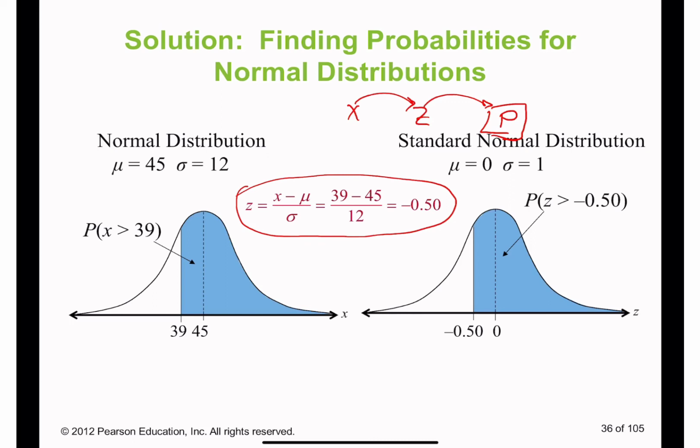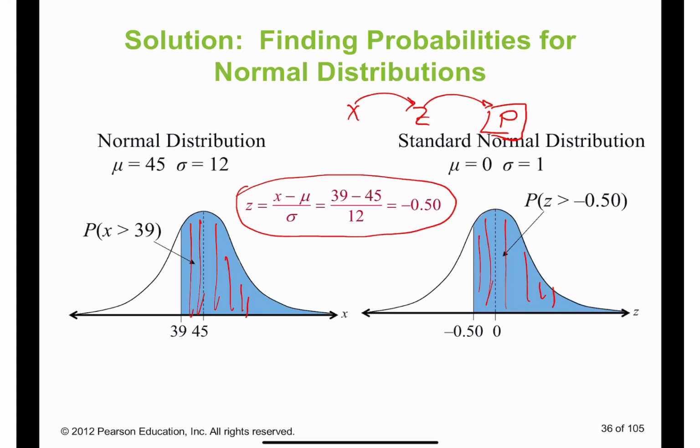So negative 0.5, and it's going to go to the right again because x is also to the right. It says greater than. So z-score has to be greater than negative 0.5.